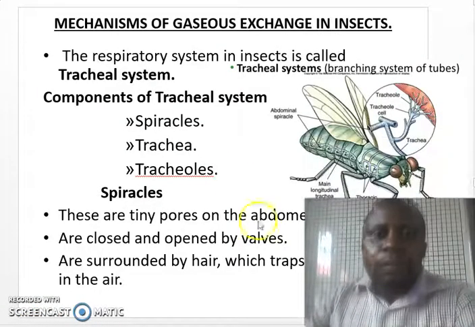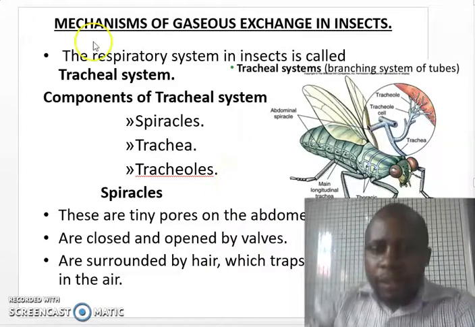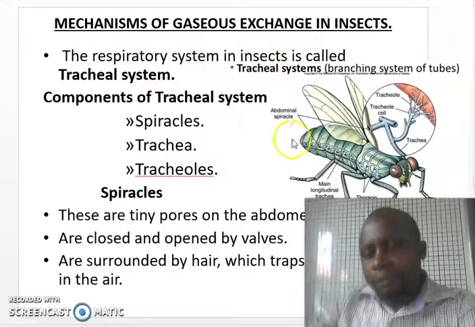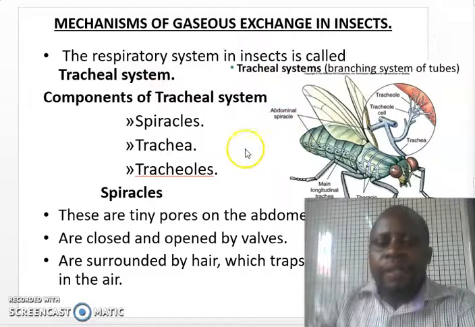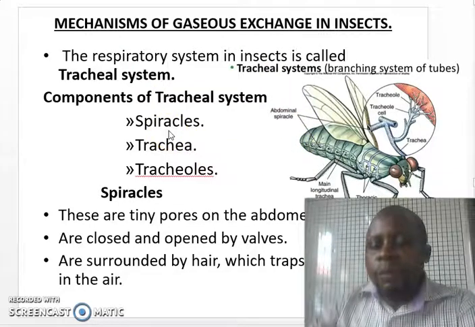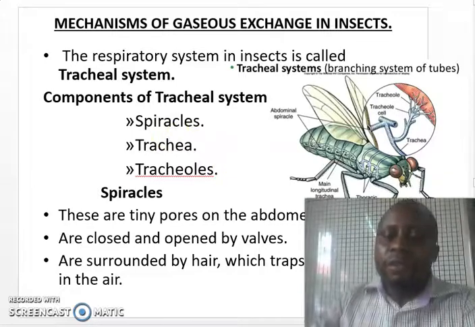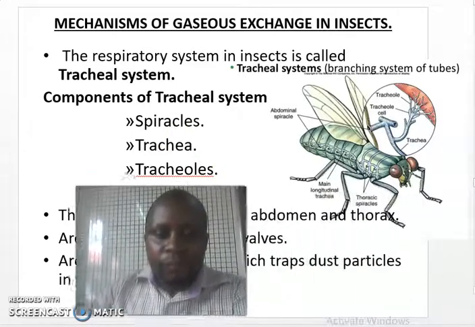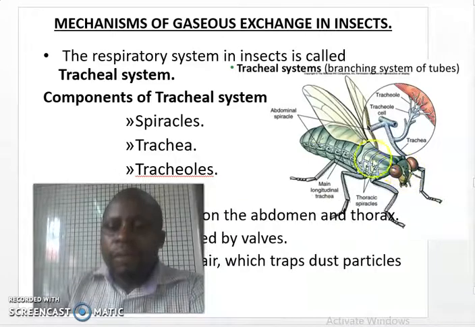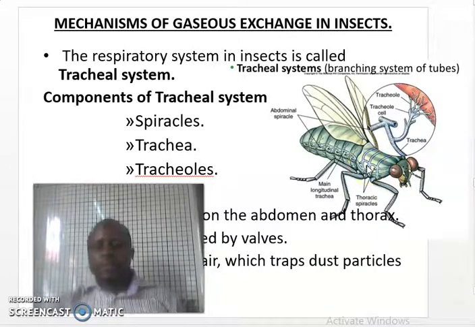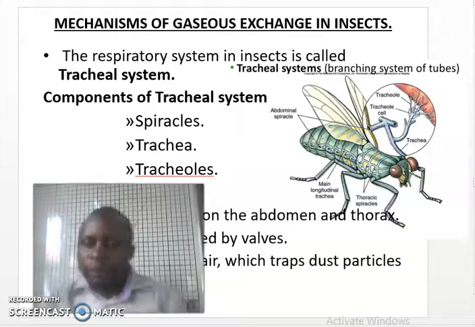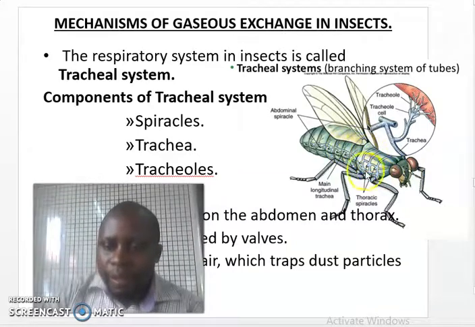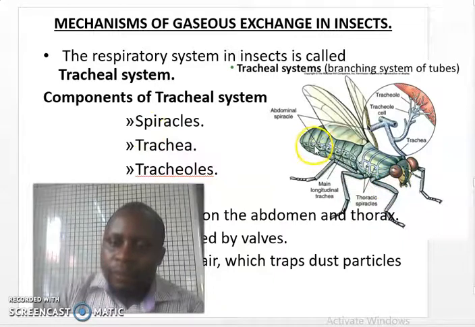Now, the respiratory system in insects is called the tracheal system. This tracheal system is composed of several features. If you look at this particular insect, maybe a housefly, you are able to see the respiratory system of an insect. It is composed of three main features. To the outside, we have the spiracles.